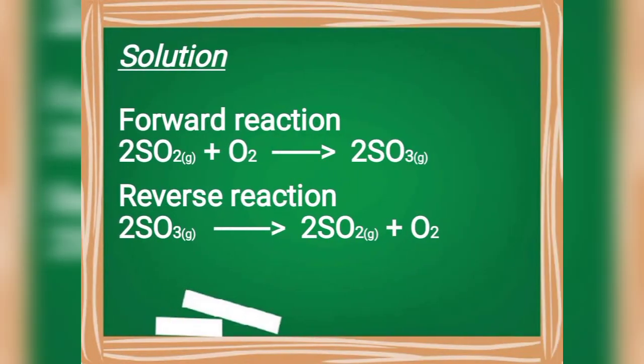Solution: we write the forward reaction in this pattern. SO2 reacts with oxygen, it will form sulfur trioxide, and if I want to write the reverse reaction, sulfur trioxide decomposes and it will form sulfur dioxide and oxygen.